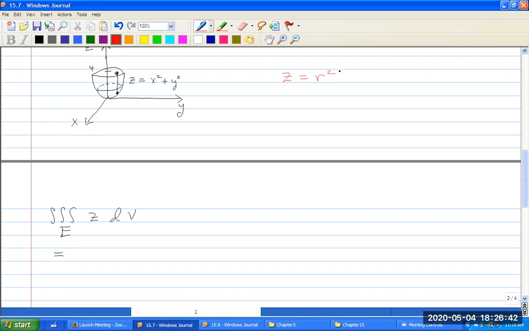And so we're going from z equals 4 to z equals r squared.